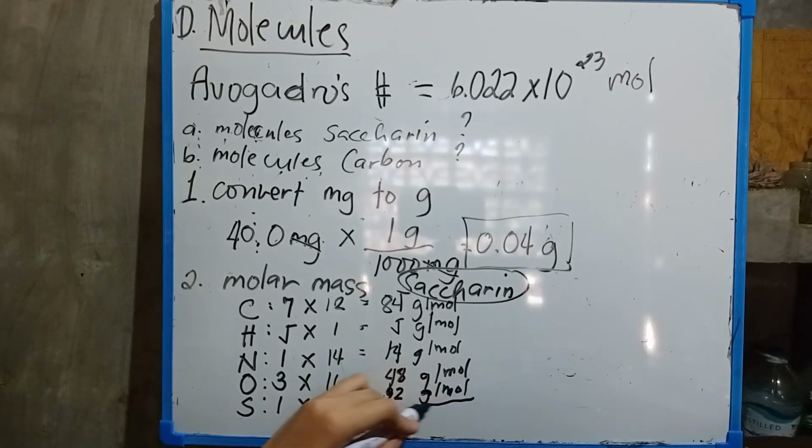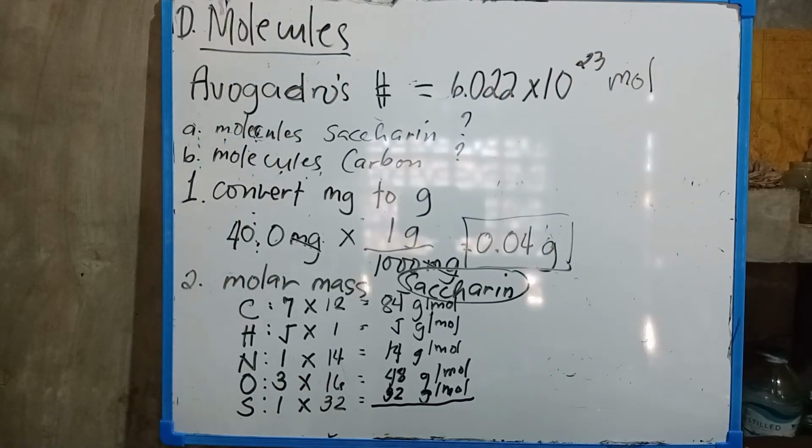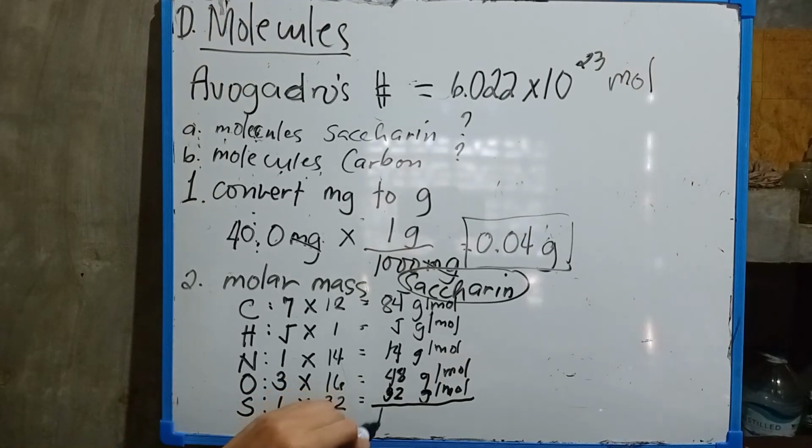So all we have to do now is to add the atomic mass of each element. So 84 plus 5 plus 14 plus 48 plus 32. So the molar mass of the compound is 183 grams per mole.